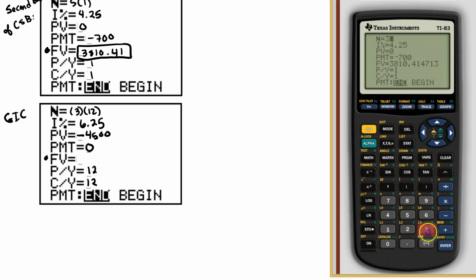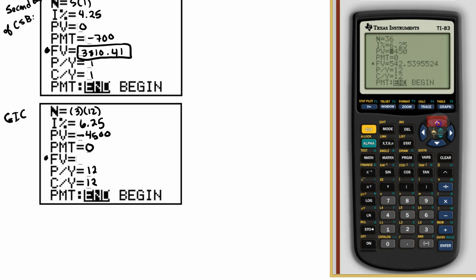So this is going to be 3 times 12. Look at that, it just changes it to 36. So nice. I'm going to go back up to the future value because that's where we have our dot. I'm going to go alpha, enter. Oh, what happened there?